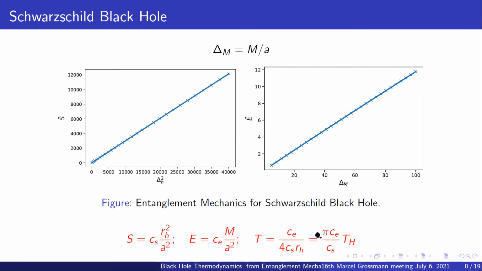And entanglement temperature, derived from StatMech derivations, is found to vary as pi CE by CS times the Hawking temperature of the black hole horizon. Now, these results are not very surprising in the sense that Mukohyama had already discussed it to some extent in his paper for Schwarzschild.